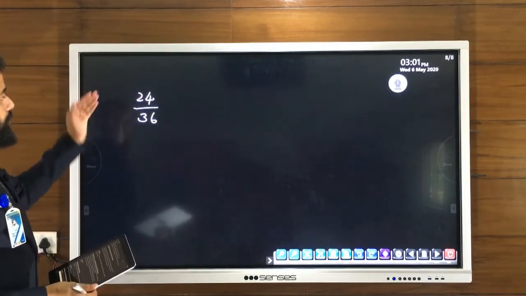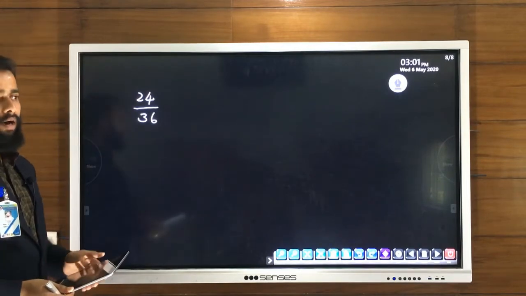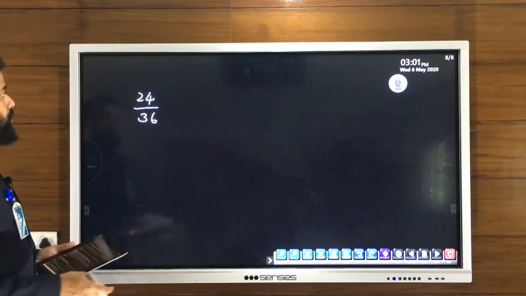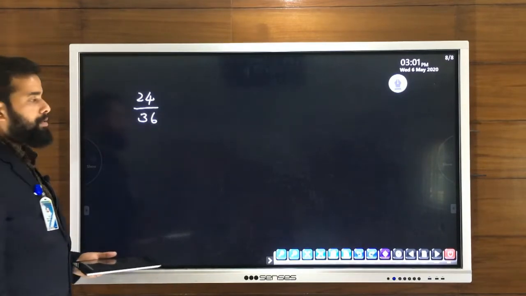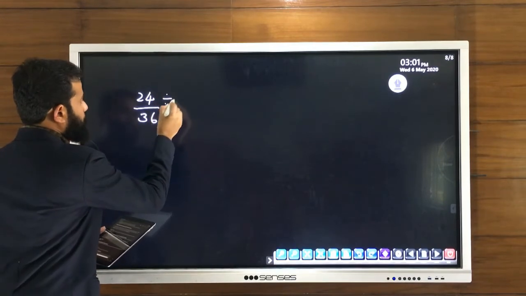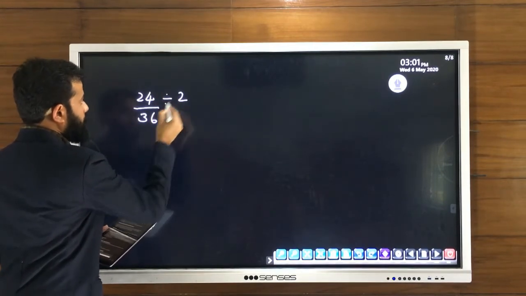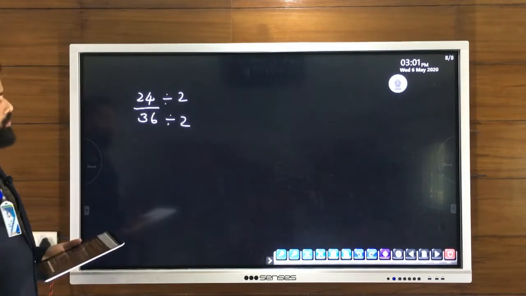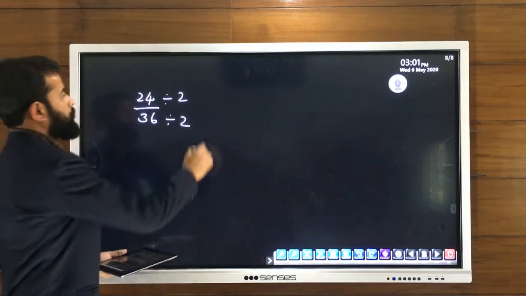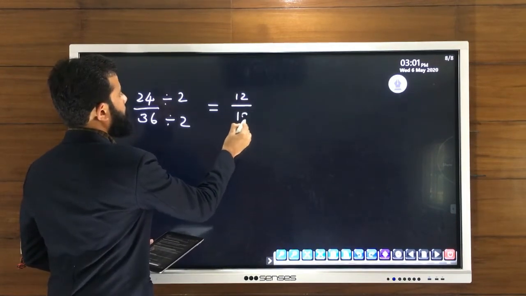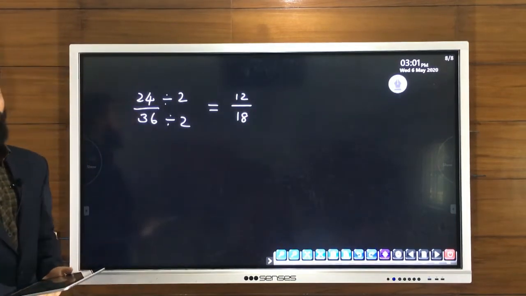Now we can see that 24 and 36 both have common factors other than 1. 2 is a common factor. So what we have to do is divide each term by its common factor. 24 divided by 2, 36 divided by 2, equals 12 divided by 18.